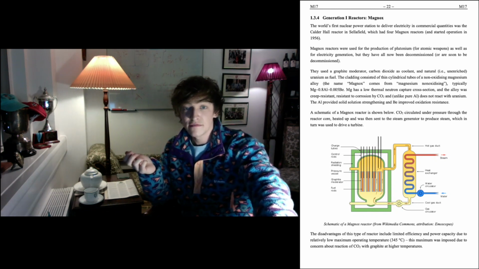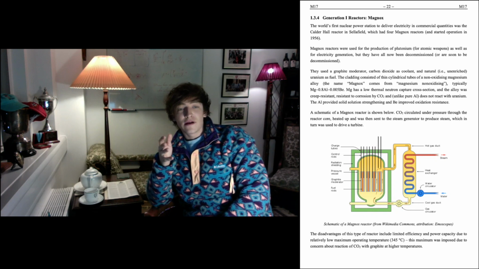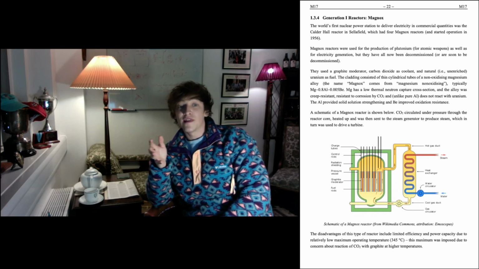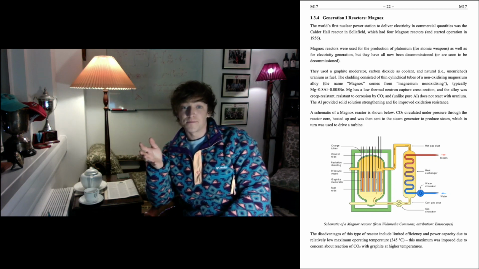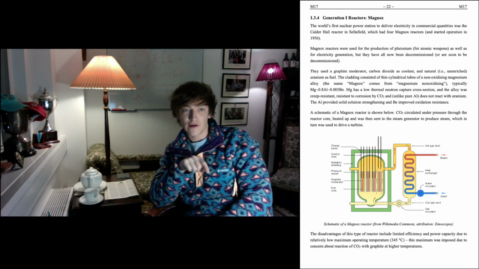Why CO2 as the coolant? Well, carbon dioxide absorbs fewer neutrons than water. And when used with graphite as a moderator, and the graphite are the grey bits surrounding the fuel rods in the schematic, so that's the moderator.